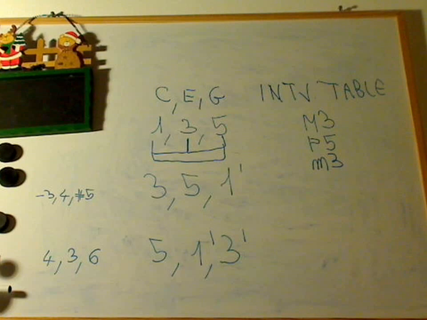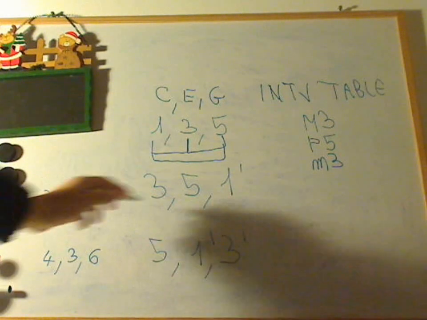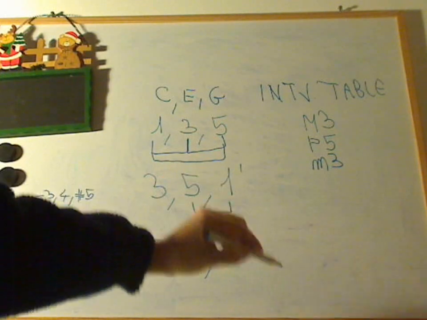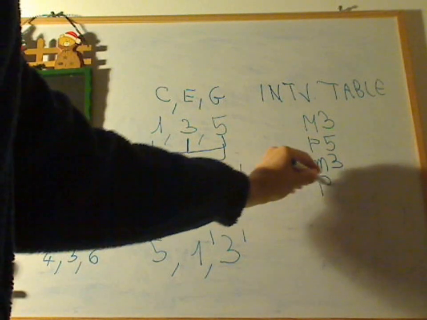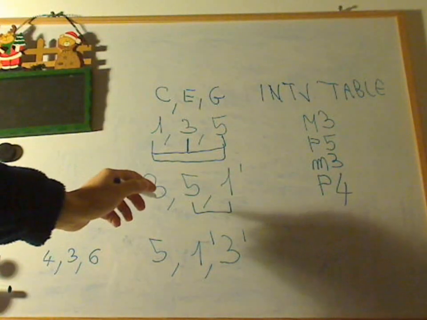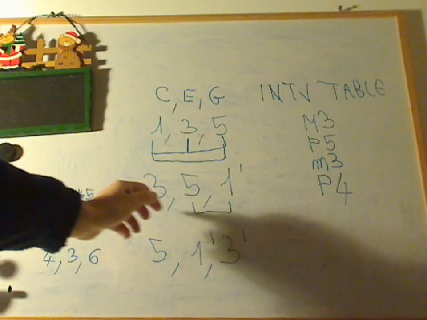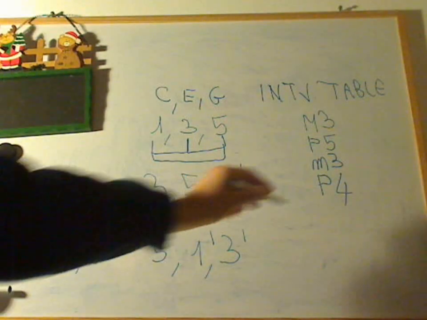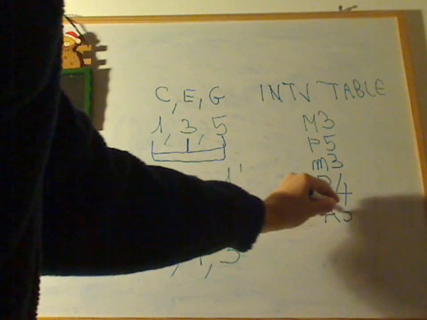Between the 5 and 1 I have a perfect fourth, so this is a new interval, perfect fourth. Then from 3 to the octave I have minor sixth, augmented fifth, so I write this new interval like an augmented fifth.